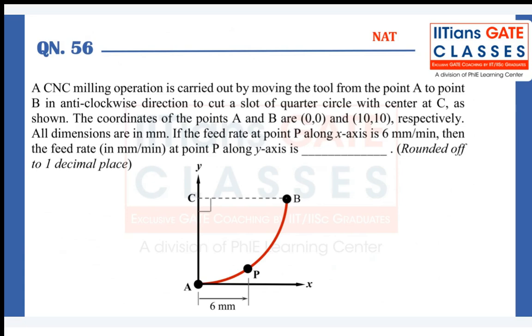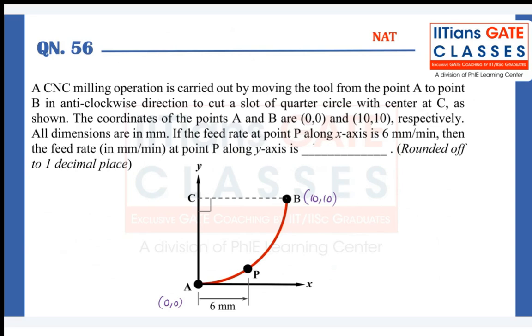In a CNC milling operation carried out by moving a tool from point A to point B. So the CNC milling tool is moving from point A to point B, right? Now points A and B are given. Point A is 0, 0, and point B is 10, 10 respectively. All dimensions are in mm.